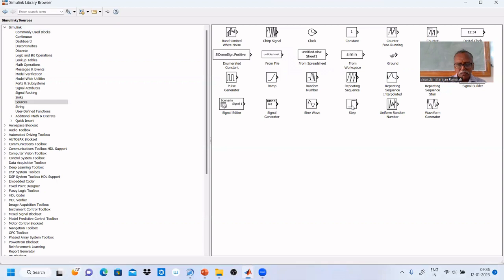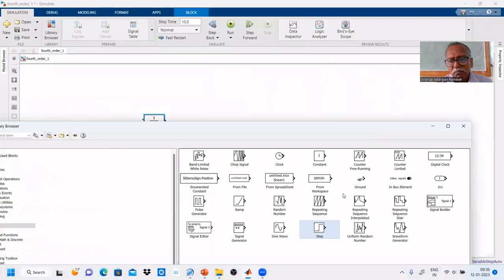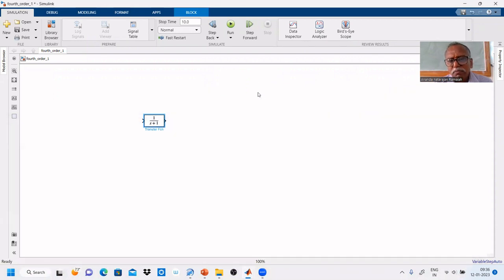I can drag this and drop. So I can drag and drop.